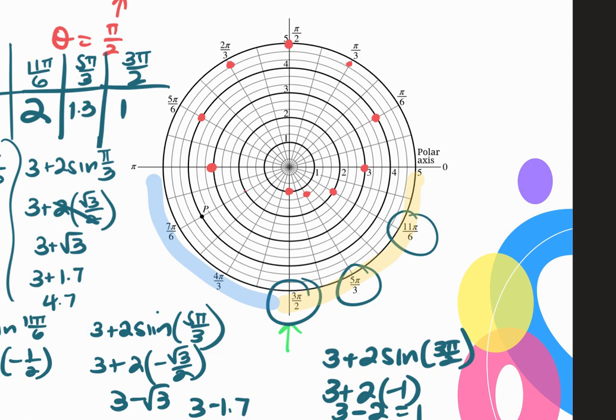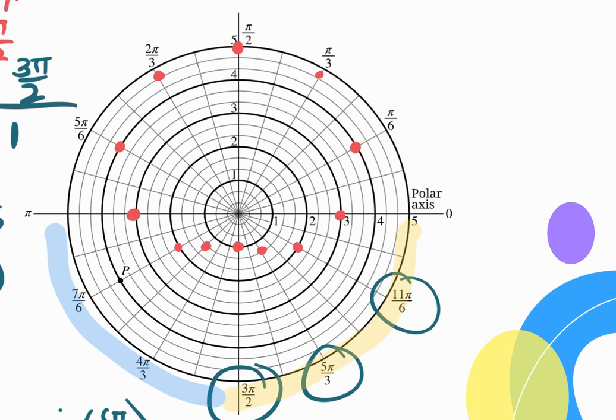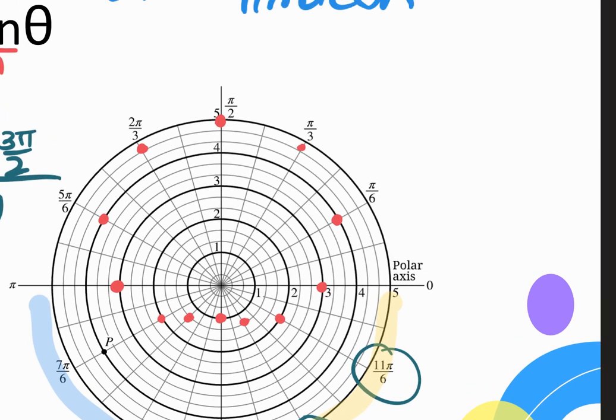At 7 pi over 6, I go to 2. 5 pi over 3 would be the same as 4 pi over 3, so I go to 1.3. And now you can see your dimple starting to happen there on the bottom. It's going to come in. Oh, not so bad. I'm going to go all the way around first. All the way around.